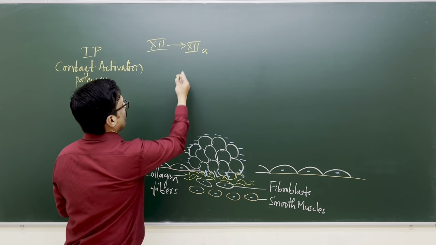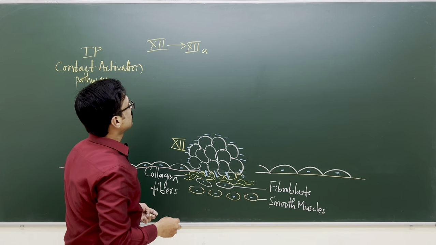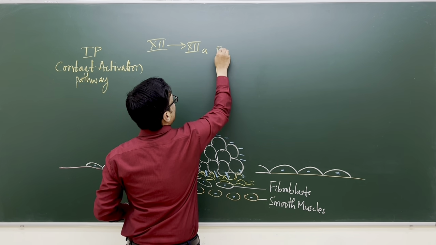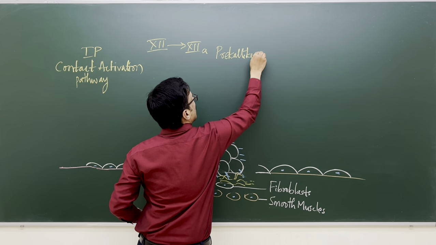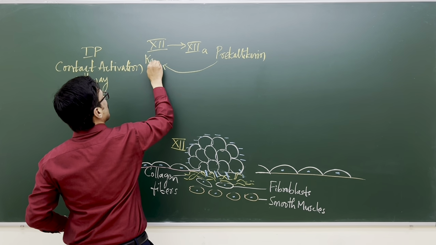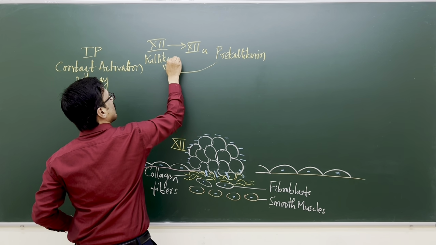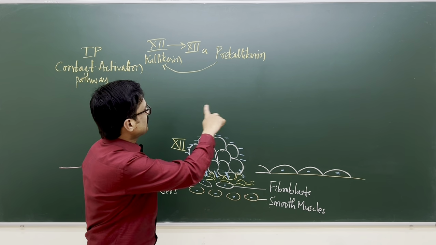Once this contact factor is activated, this will cause conversion of prekallikrein to kallikrein. This prekallikrein is a protein present in the plasma.